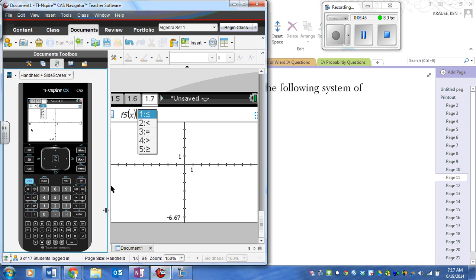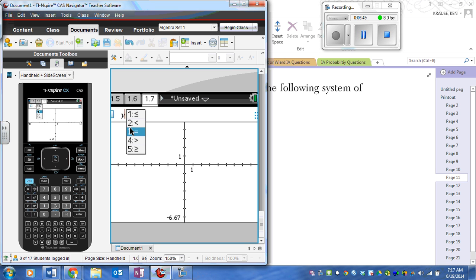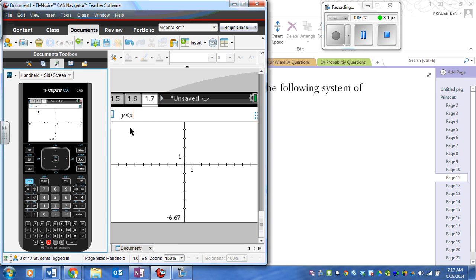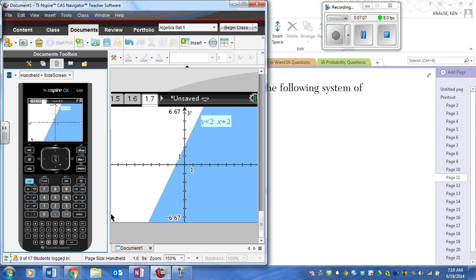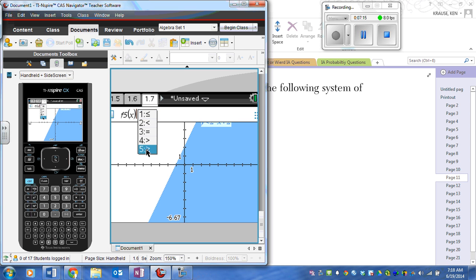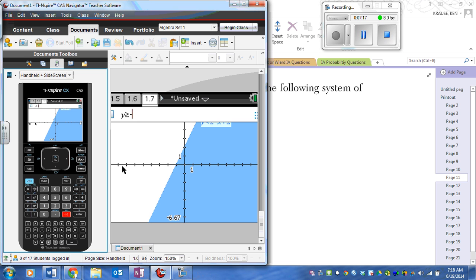It's less than, so I'll choose less than, and then 2x plus 2, and then I'll graph it. What's the other one? Greater than or equal to -x minus 1. So tab button, greater than or equal to -x minus 1.